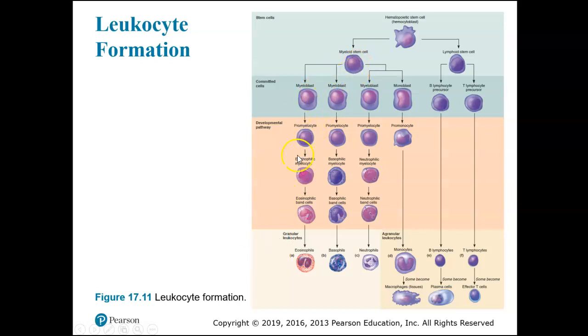But for the erythrocytes, just remember that they start out as reticulocytes, because you can measure the level of reticulocytes in the blood, and that can tell you the amount of erythropoiesis that is going on.